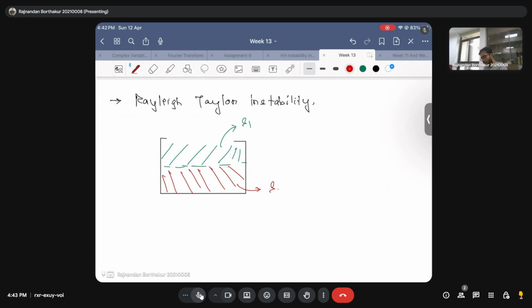If rho 1 is less than rho 2, it's a stable system, we know that. However, if rho 1 is greater than rho 2, it is obvious that a fluid element which has a lesser density will try to move up, and this will be filled by the heavier fluid. So if you put a heavier fluid on top of a lighter fluid, the instability that kicks in is known as Rayleigh-Taylor instability.